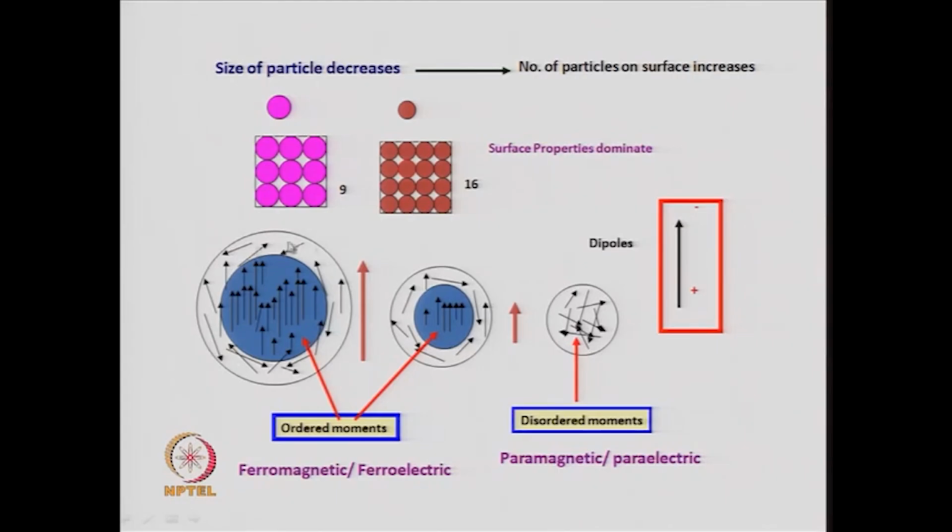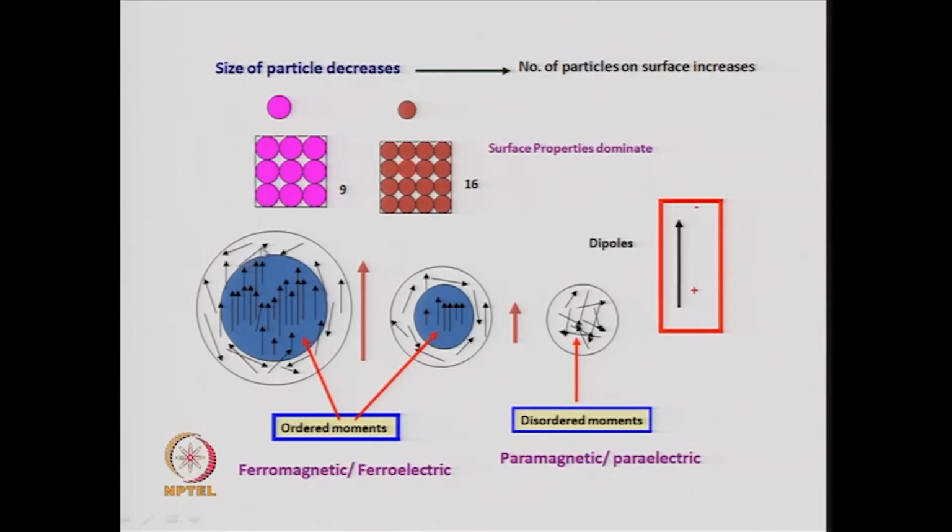Imagine you have a particle of a large size, then in a material with an ordered moment like a ferroelectric or ferromagnetic material, the inner core normally has the alignment which is due to the ferromagnetic or the ferroelectric component.